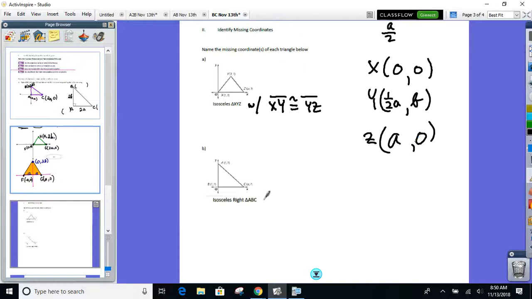All right, next one. The two congruent sides are AB congruent to BC. And this has to be an isosceles right triangle. So the two legs have to be congruent, AB and BC. I didn't even need to give you the two sides.